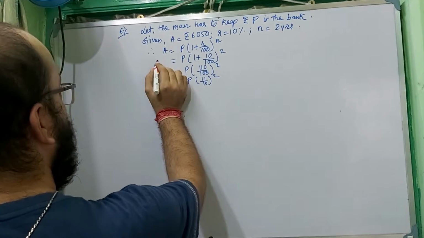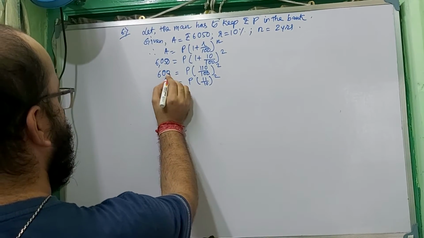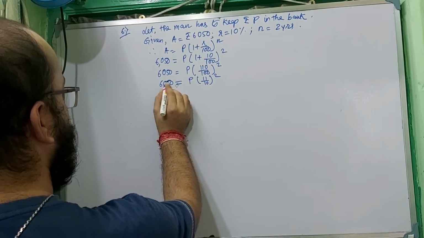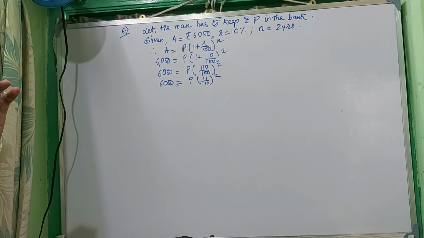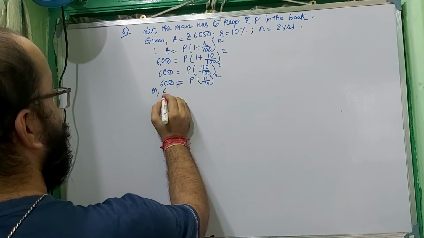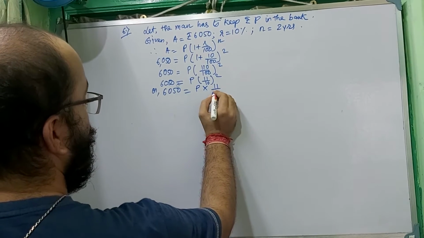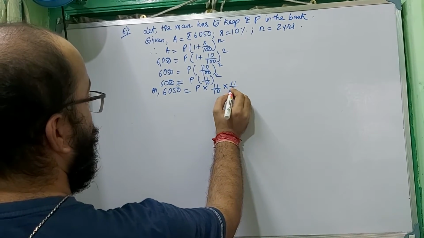And what is the amount A given? 6050. Now you can easily compute how P can be calculated, or 6050 is equal to P into 11 by 10 into 11 by 10.